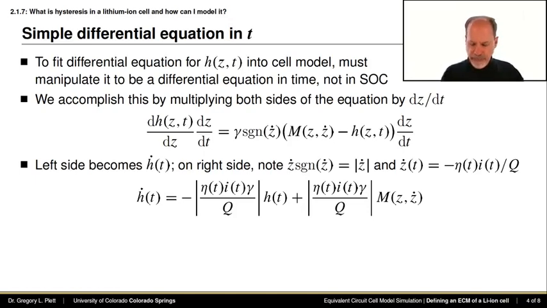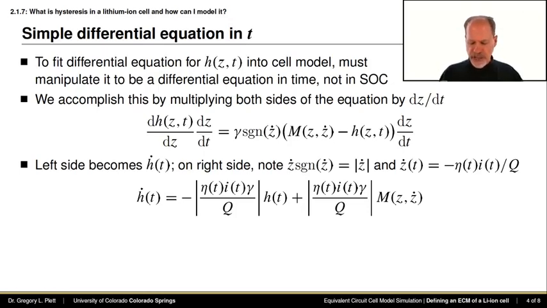So when we do that, we can rewrite the first equation on this slide as the second equation on the slide. The left-hand side becomes h dot. The first term is gamma times sine z dot times negative h times dz by dt, and that becomes negative absolute value of eta I gamma over q times h.